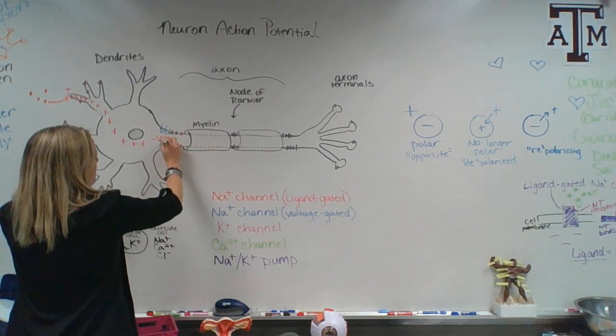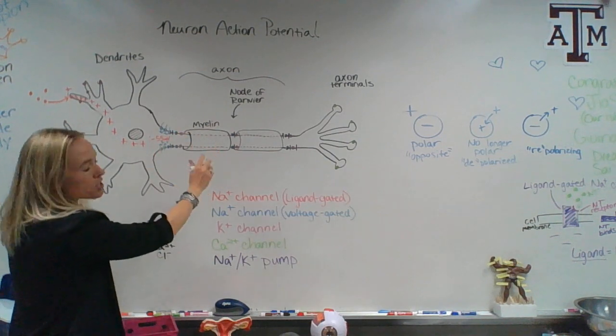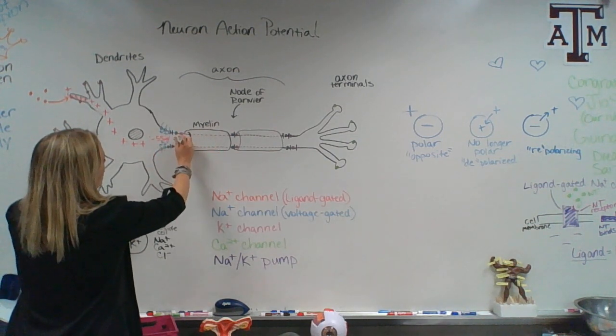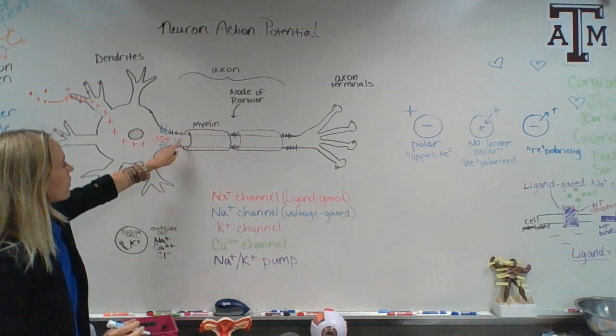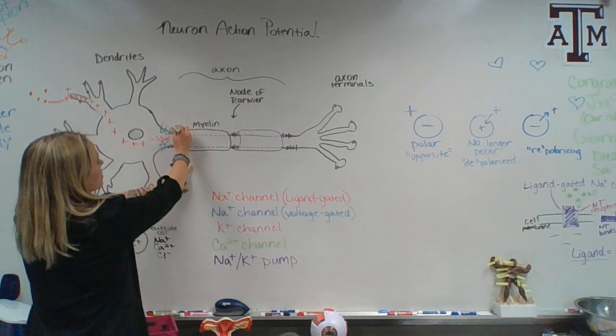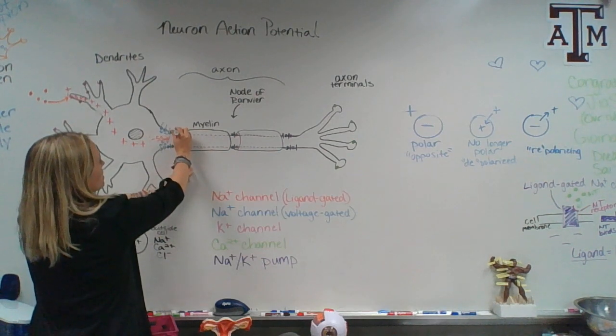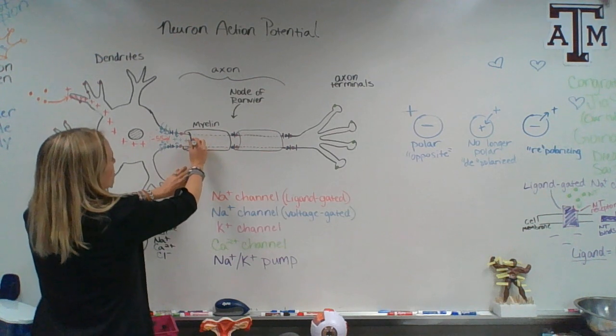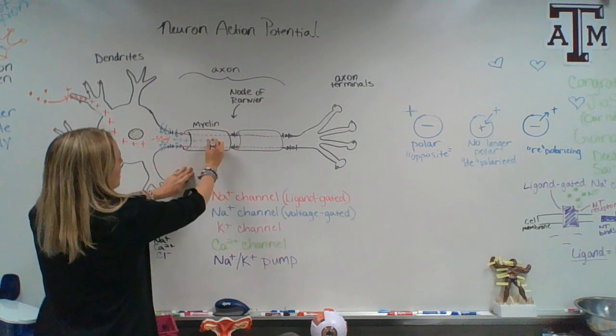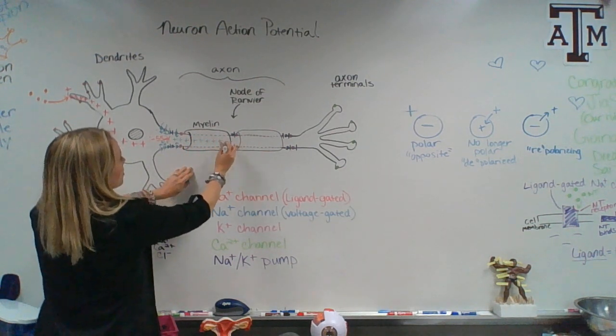And as it comes in, it repels the charges down. So the positive charges go down. And as it gets to negative 55 here, this voltage-gated sodium channel opens and sodium comes in, and it continues to repel down the axon of the neuron.